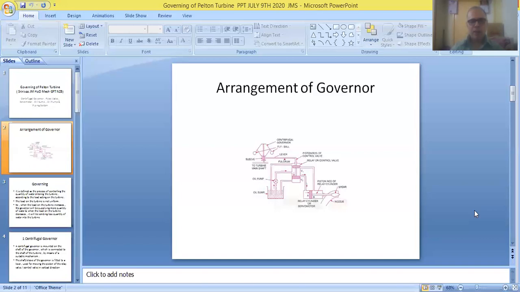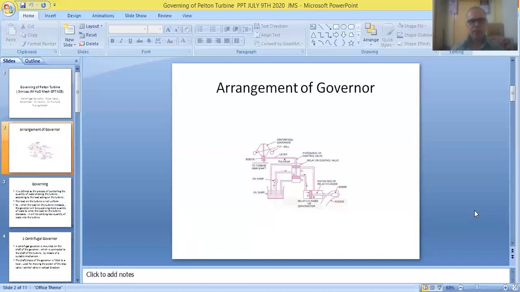Similarly, when the load on the turbine increases, the sphere will be moving in reverse direction, and it will be supplying more quantity of water into the turbine. Therefore, the speed of the turbine will be raised back to the normal value.